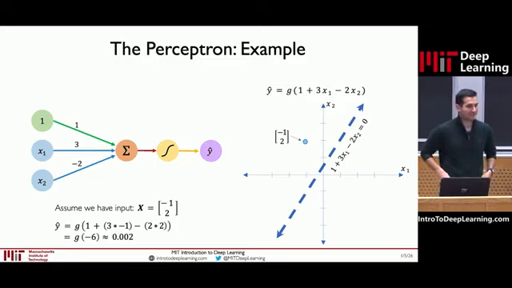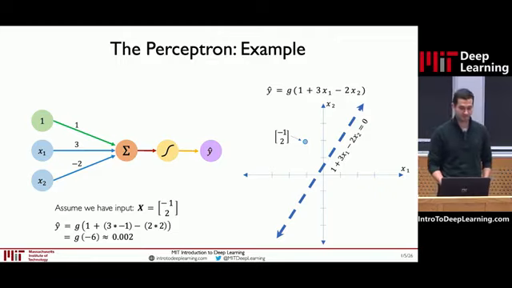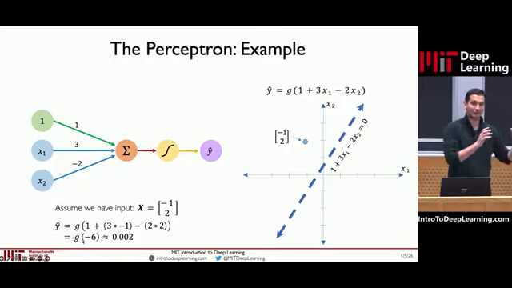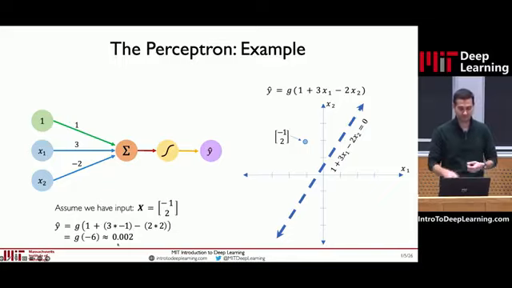Add up all those together, you get -6. That's a negative number. That means that we're on the left side of the decision boundary. When we pass that through our nonlinearity, which is our sigmoid function, being a very negative number, that means that we're going to be further on the left, under 0.5 on the sigmoid function, where it's a very small number, close to 0.